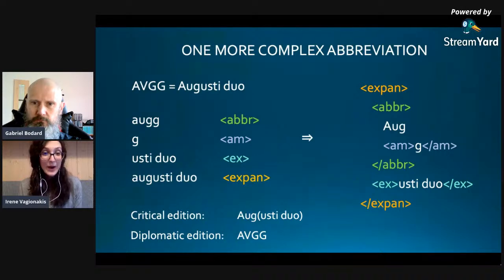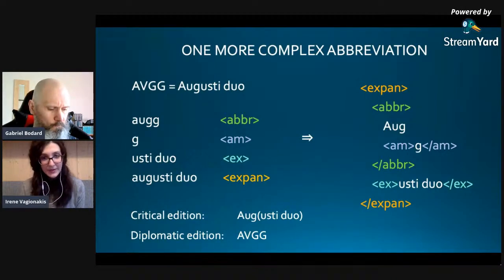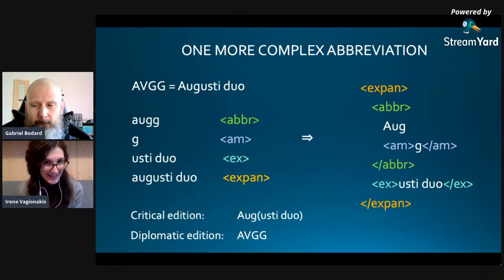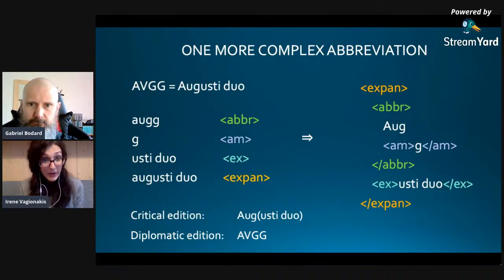And why is this useful? Again, this is useful because in our final output, we can decide in a critical edition to have Augusti duo with the expansion inside round brackets, but without printing the second G, which is just a mark telling us that the Augusti are two. Otherwise, we can have a diplomatic edition with what is actually on the stone, so with both the G's without the expansion.